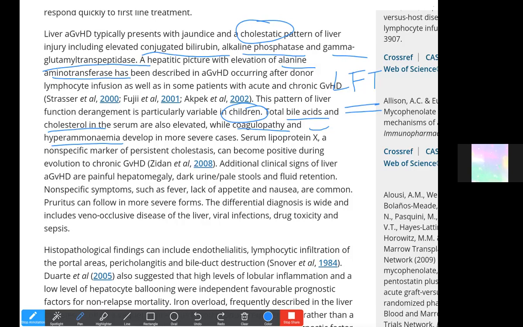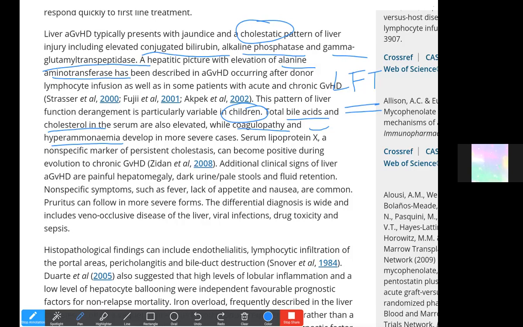And also the total bile acids and cholesterol in the serum are elevated. There is hypercholesterolemia, hyperammonemia, and coagulopathy with increased PTA. And serum lipoprotein X, a non-specific marker of persistent cholestasis, can become positive during evolution.